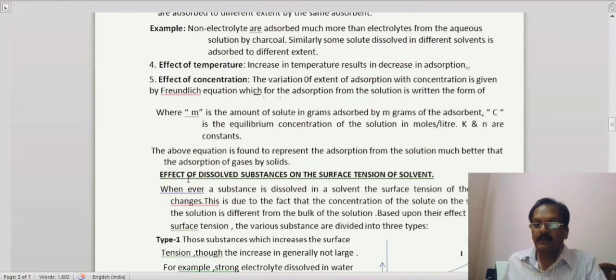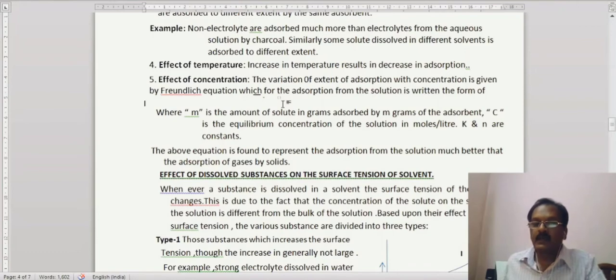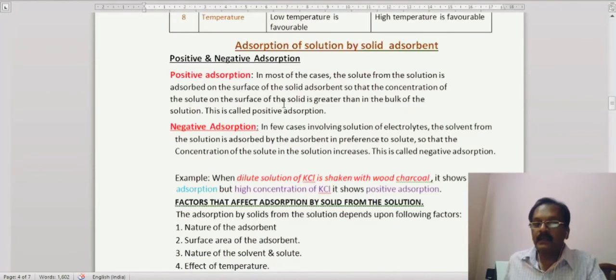As you know, the variation of the extent of adsorption with concentration is given by Freundlich's equation, which for adsorption from a solution is written in the form x upon m is equal to k into c raised to 1 upon n.